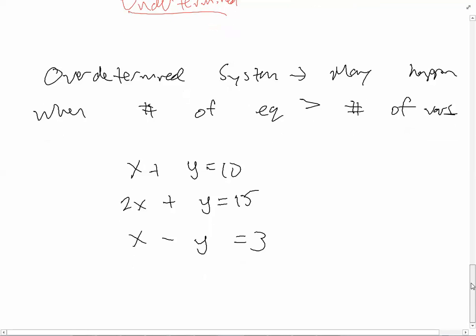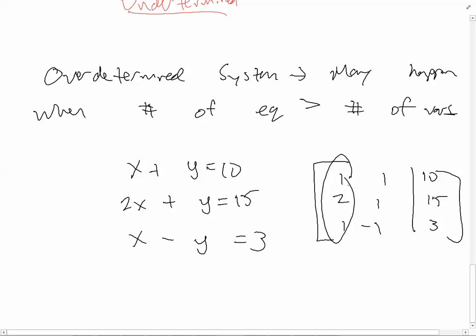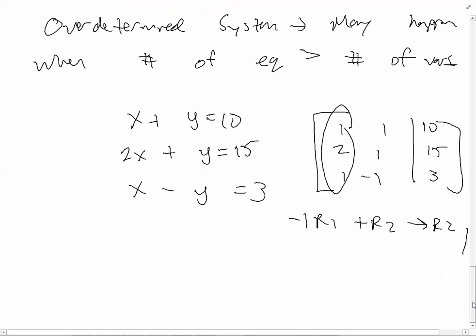Okay, so if I set this up in a matrix, and this one will be fairly quick to do, so this one shouldn't take as long. 1, 1, 10, 2, 1, 15, 1, negative 1, 3. And now if I worked on the first column, I took negative 2 times row 1 and added it to row 2, and left that result in row 2, I would get 1, 1, 10, and then 0.